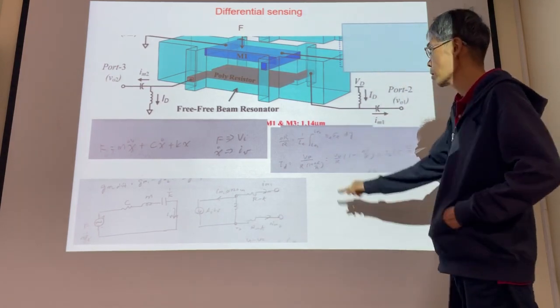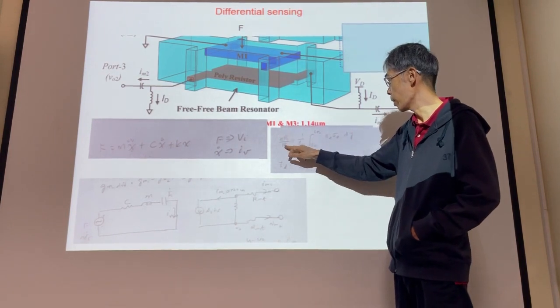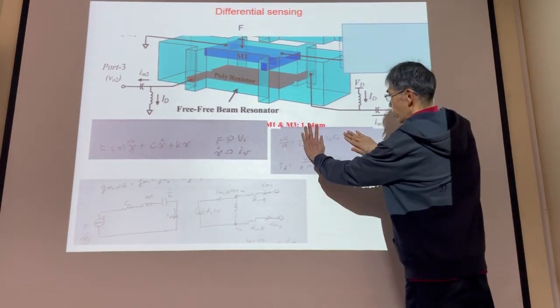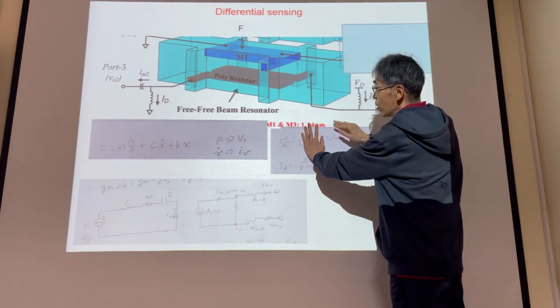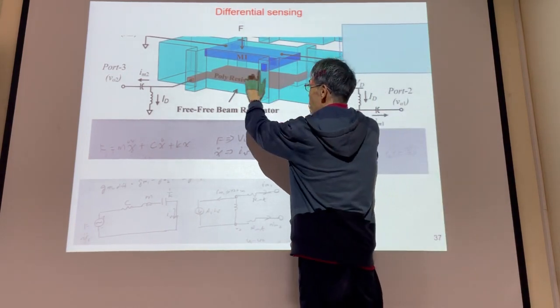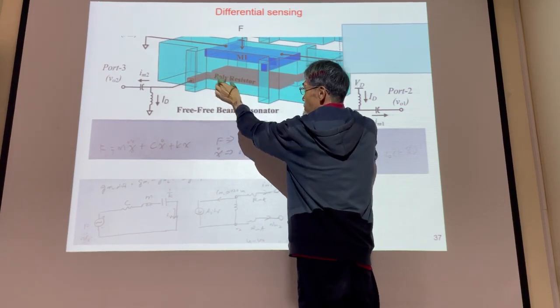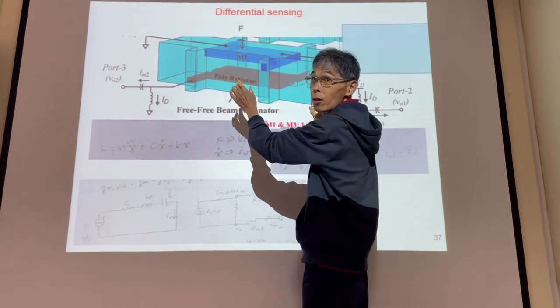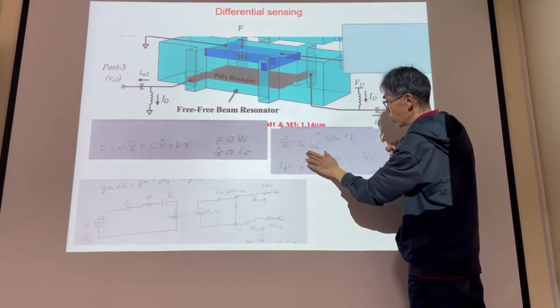Okay, then for this piezoresistor, we have this equation. Delta R divided by R equal to pi L sigma L. But sigma L along this V in each component is different. So we need to do integration.